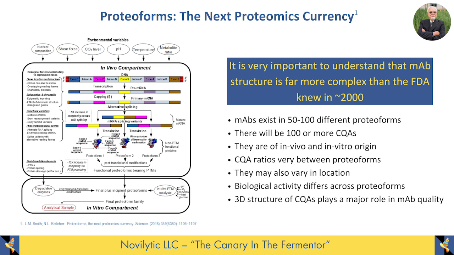One of the things that happened in recent years after 2000, that we didn't know before 2000, and the FDA didn't either, is that molecules are much more complicated than we think. And this is genetically why that is so.